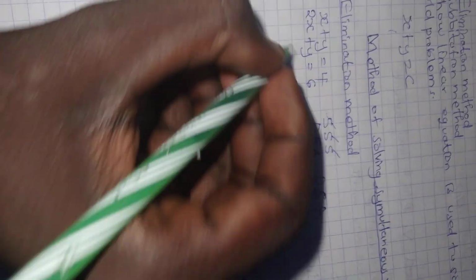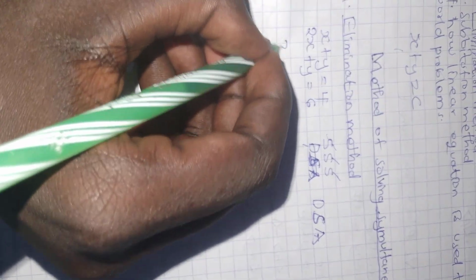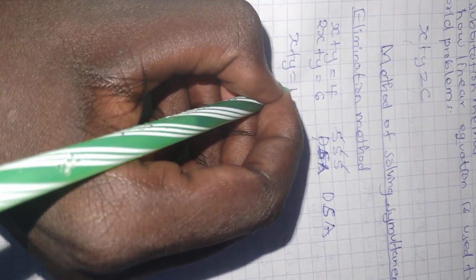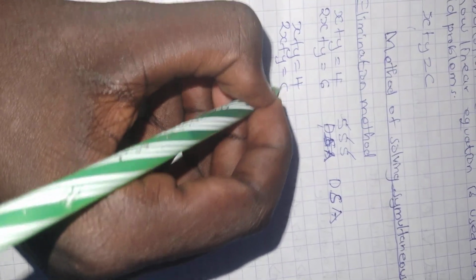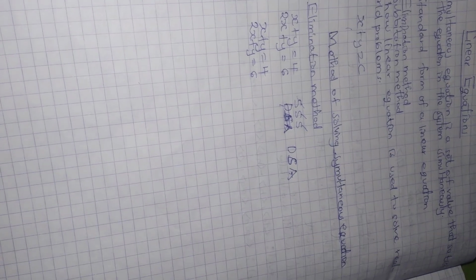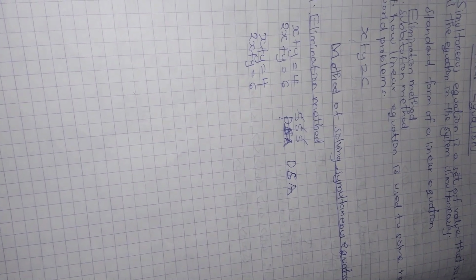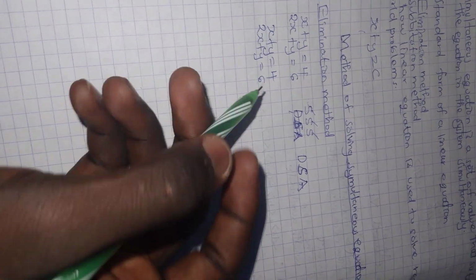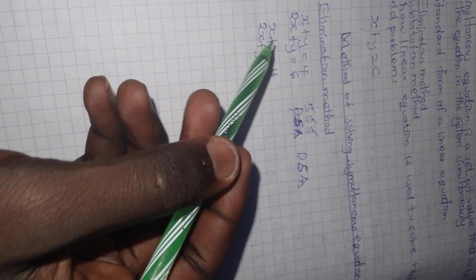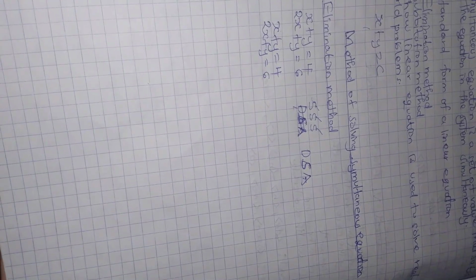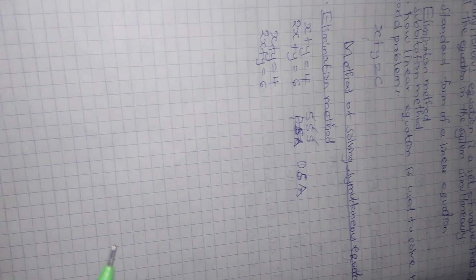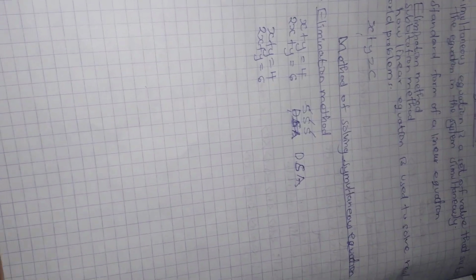In this our case, how do we solve this one? It's x plus y is equal to 4, 2x plus y is equal to 6. Let's choose one column. You can choose either the x column or the y column, but let's choose the x column.